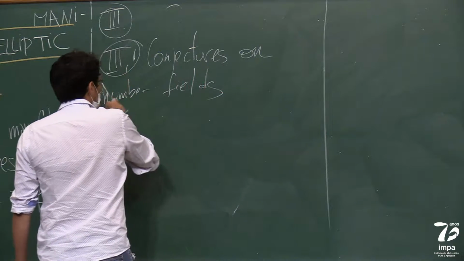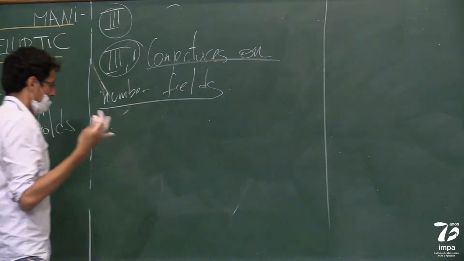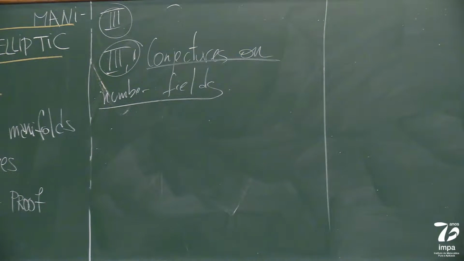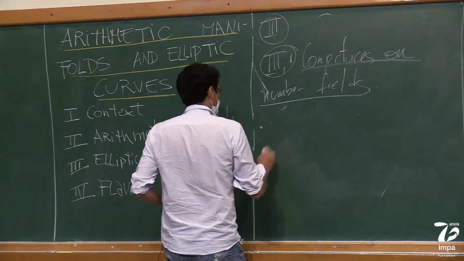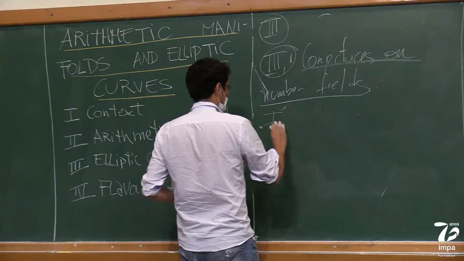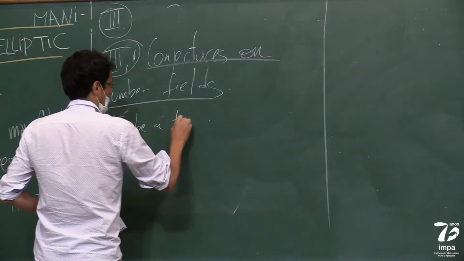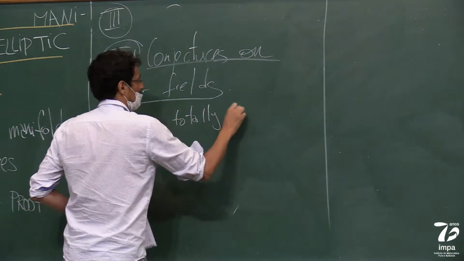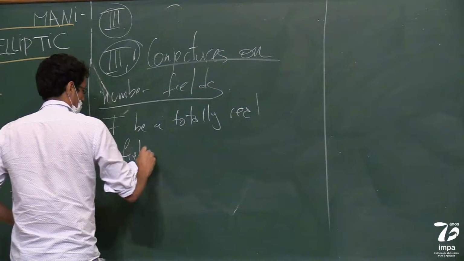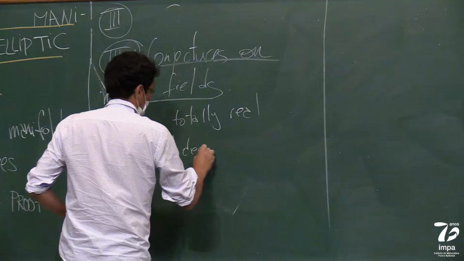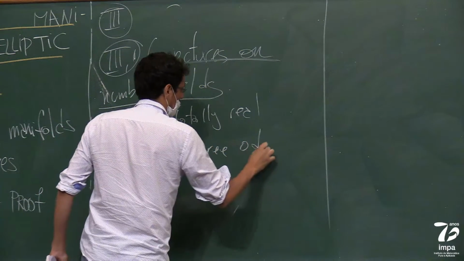So the idea of this work, in common with three colleagues, is to relate conjectures. The first kind of conjecture is about number fields. So let's fix a number field. Let F be a totally real number field of odd degree.